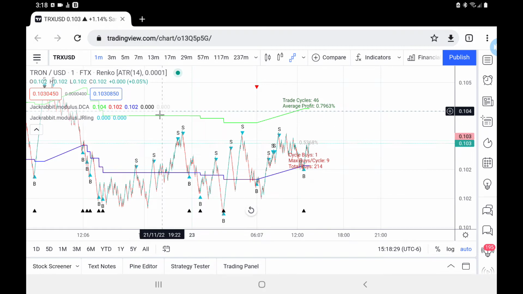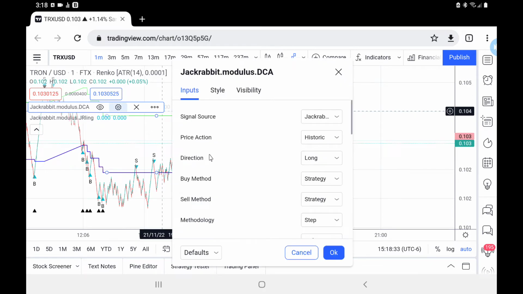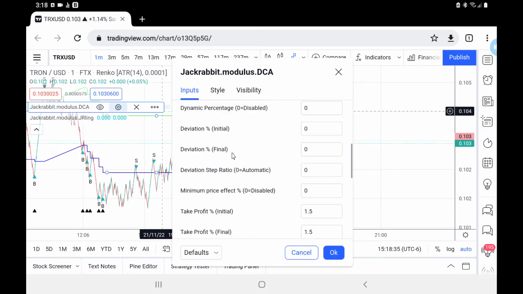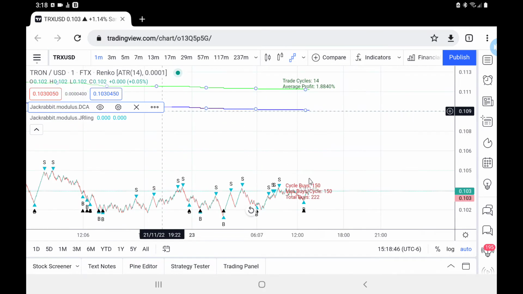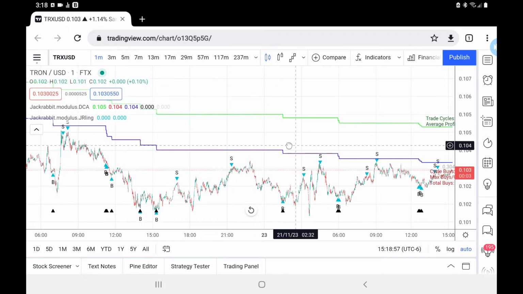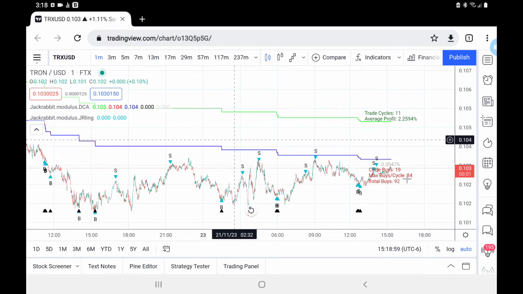46 trades, and I hit the DCA. .8%, 14 trades, but 150 positions. .34 positions.